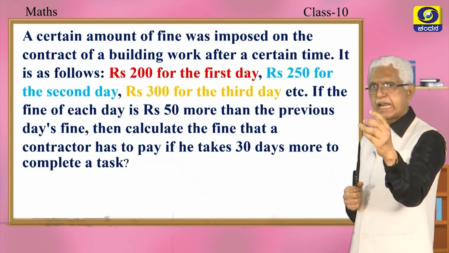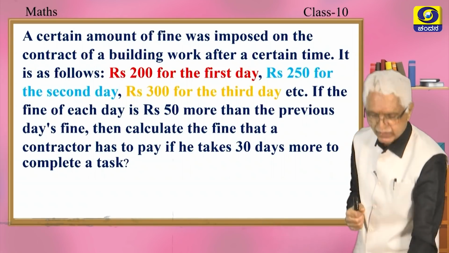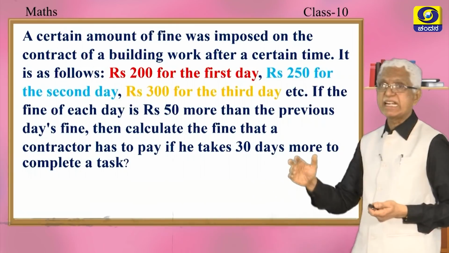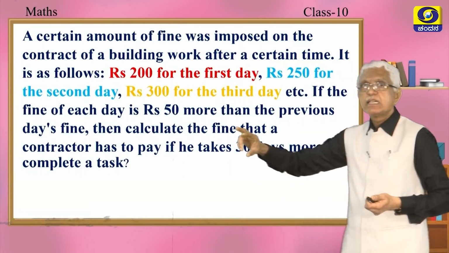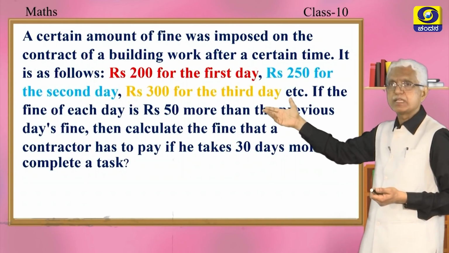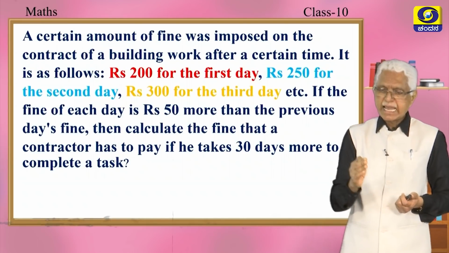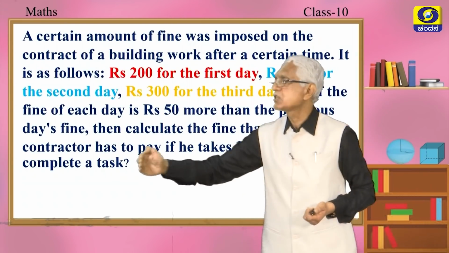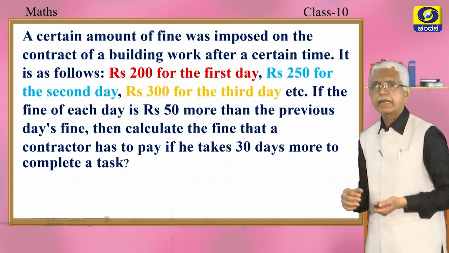If he is delayed by 1 day, 200 rupees for the first day. He is delaying by the second day, 250 rupees. He is delaying it by the third day, 300 rupees. So, for a delay of every day, 50 rupees he has to pay extra.